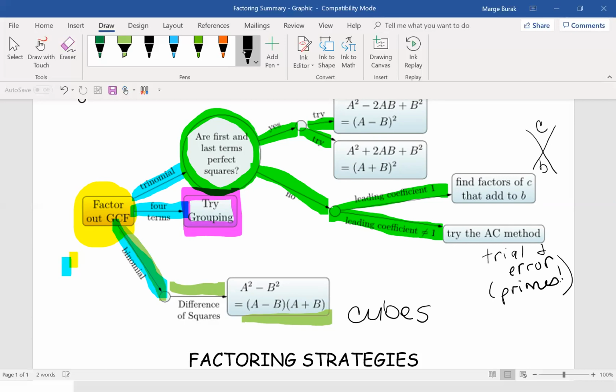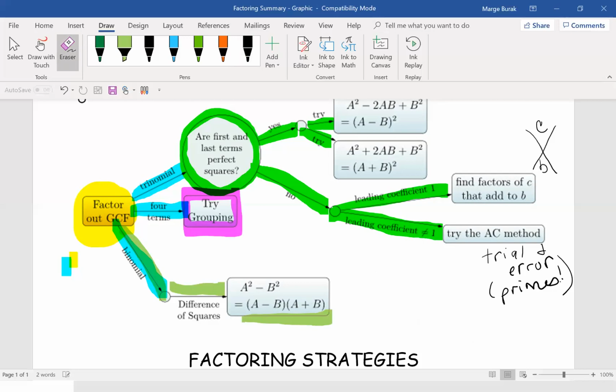So the sum and difference of two cubes would be like x to the third power and 1, since 1 times 1 times 1 is 1. So those are two cubes. Or x to the third power and 8, since 2 times 2 times 2 is 8. Those are special binomials. I'm just noticing them here; you don't have to be responsible for those right now.